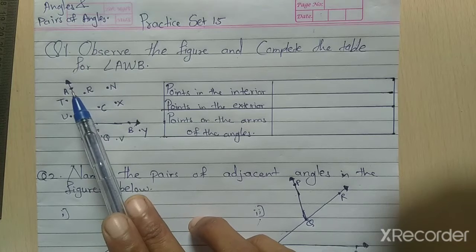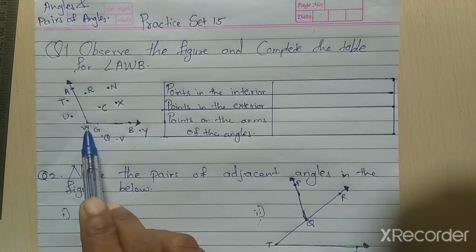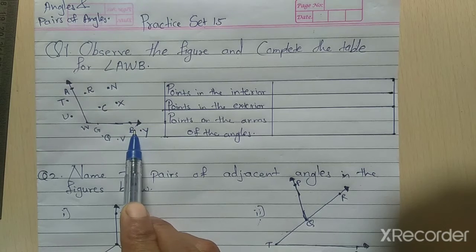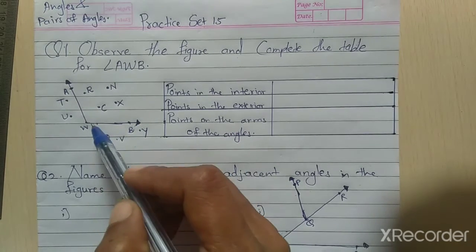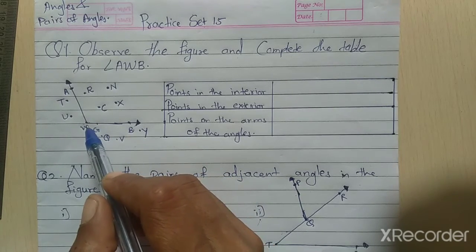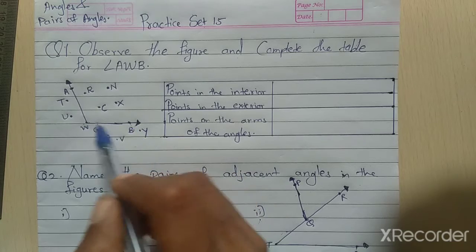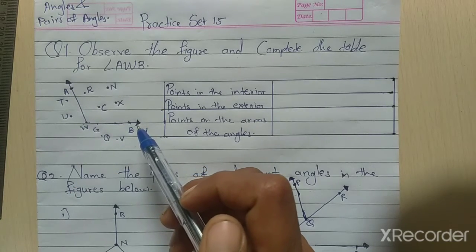Now look here, one angle AWB. The arms of the angle are AW and BW, meaning ray BW and ray AW. These are the arms.